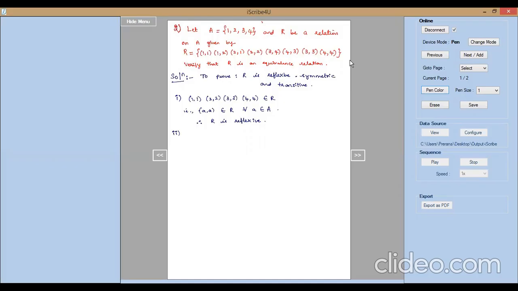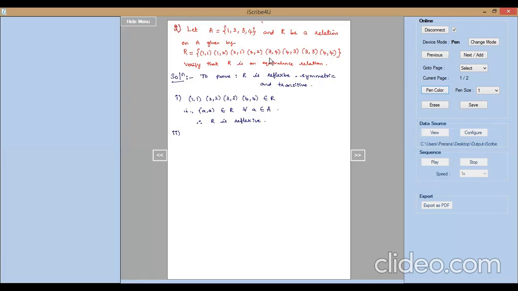Second subpart we have to prove now is R is symmetric. We'll recall the definition for symmetric property. If (a, b) belongs to R, then (b, a) also should belong to R to say R is symmetric. So we observe (1, 2) belongs to relation R. If (1, 2) belongs to relation R, then (2, 1) also should belong to R, which is true.